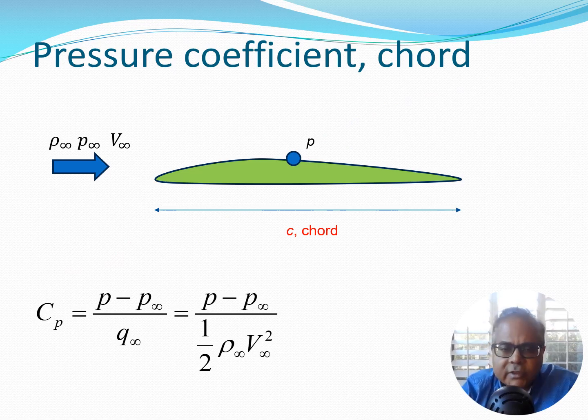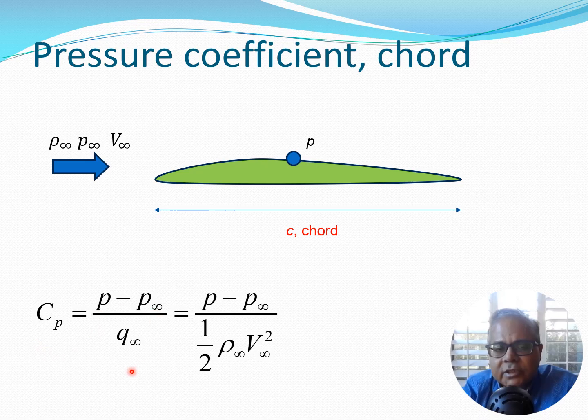Now we are going to look at some practical aspects of the Reynolds number in terms of pressure distribution and airfoil design. So before we do it, let's define a few properties. If we were to take an airfoil section, let's say it has some chord given by C, and let's say the pressure at the top surface is P, then we can define a non-dimensional quantity known as the pressure coefficient, that is Cp, and that is (P minus P infinity) by Q infinity.